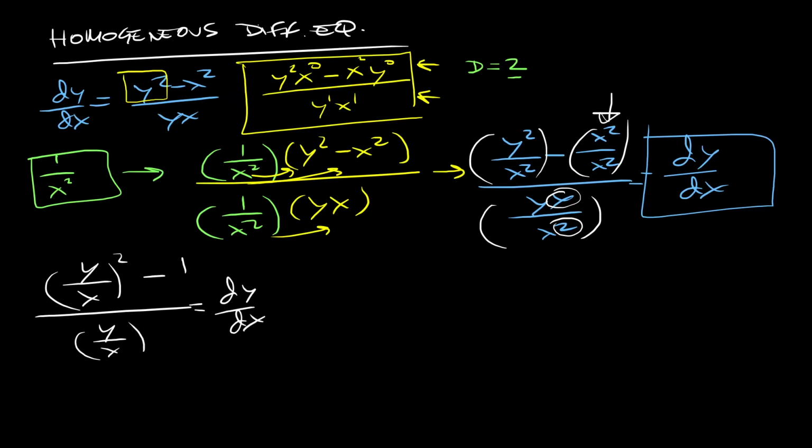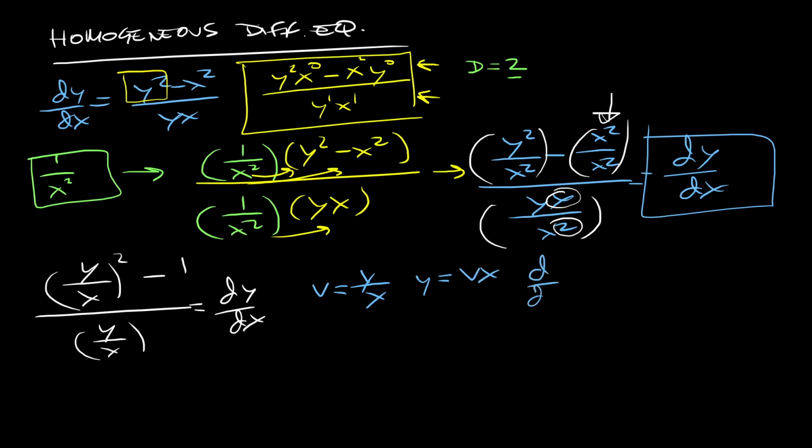Now we're going to use what's called the v substitution. Nothing to do with the derivatives for now. It's just a way for us to simplify the expression. Let me show you. We say that v is equal to y over x. The second step is y equals vx, and then take the derivative of that.